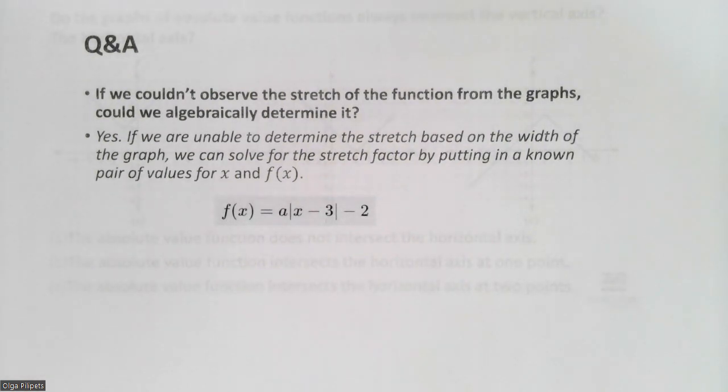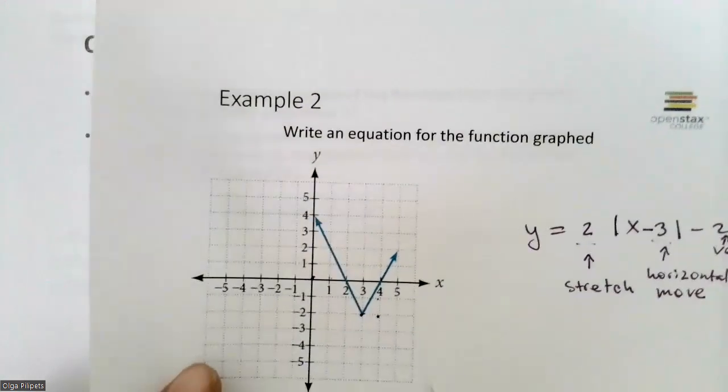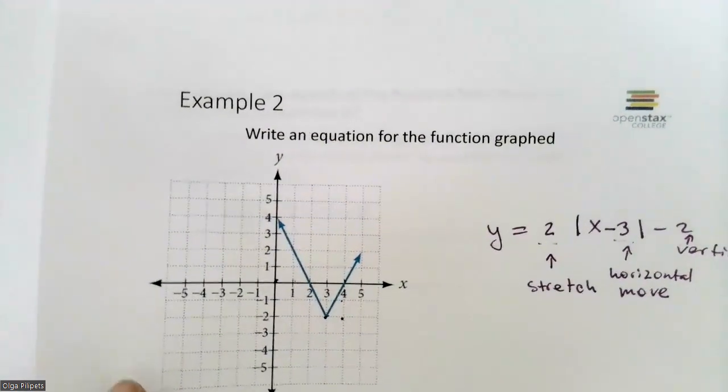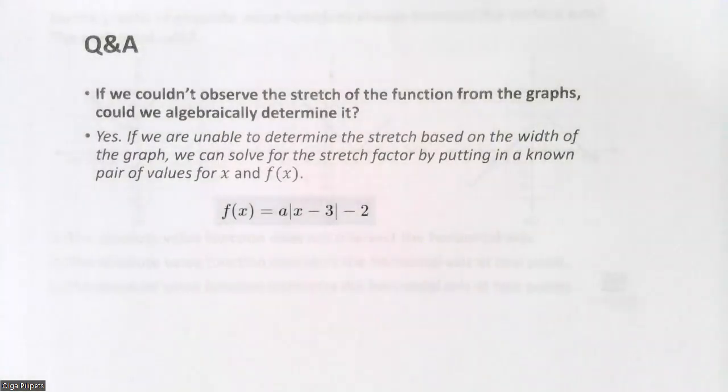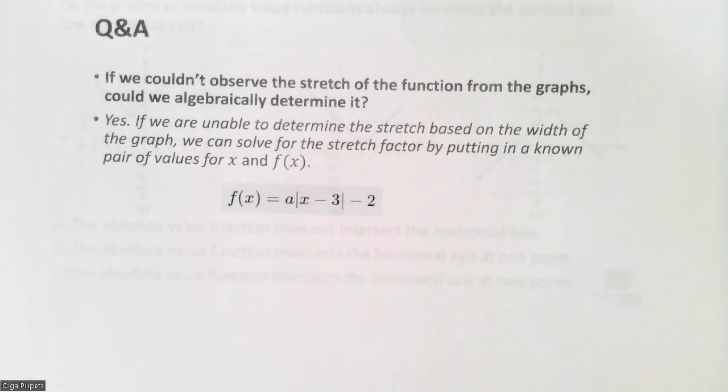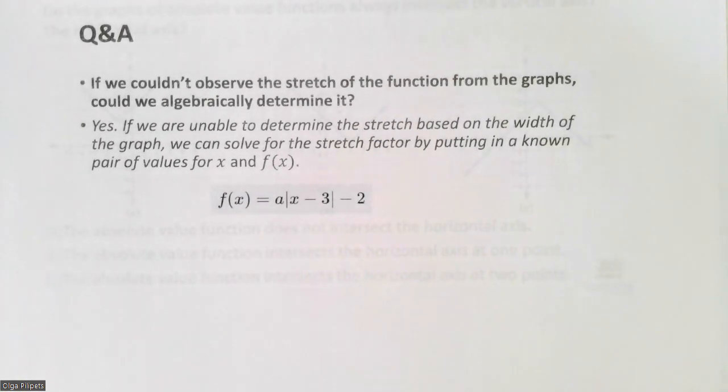Now, here's a common question for this type of problem. If we couldn't observe the stretch of the function from the graph, could we algebraically determine it? So let's say you're looking at this graph and it's not obvious what the stretch of this graph is. How can we determine the stretch? It says if we are unable to determine the stretch based on the width of the graph, we can solve for the stretch factor by putting in a known pair of values for x and f of x.